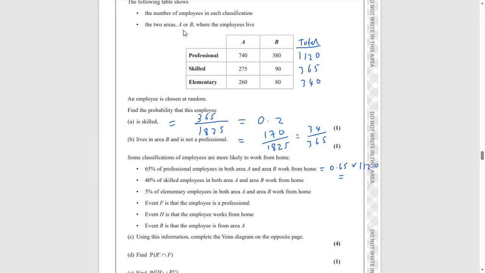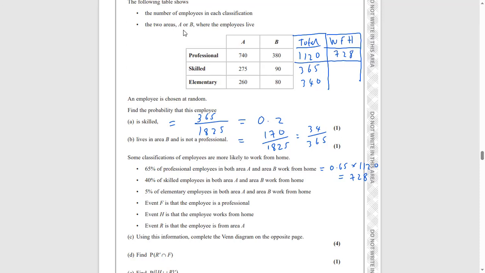So we've got 728 professional employees that work from home. I'm going to put this over here, an extra column in my table, which I'll call WFH, work from home. So out of the professional employees, 728 work from home.